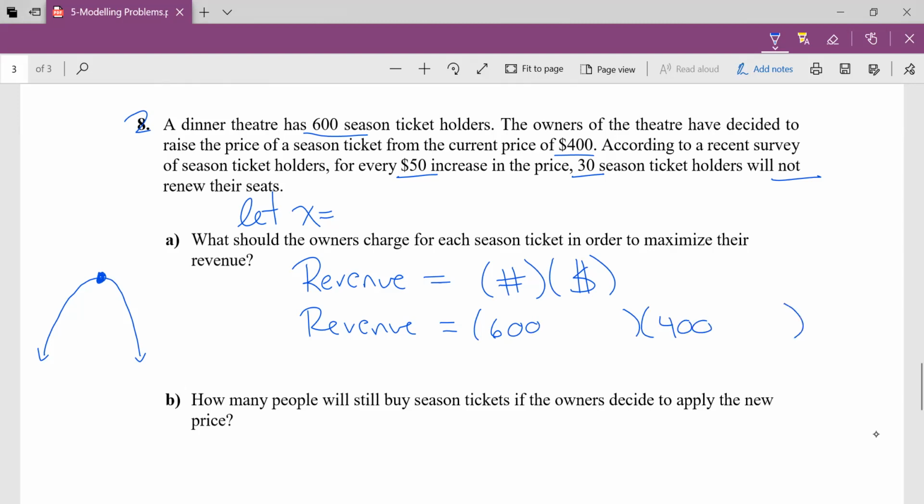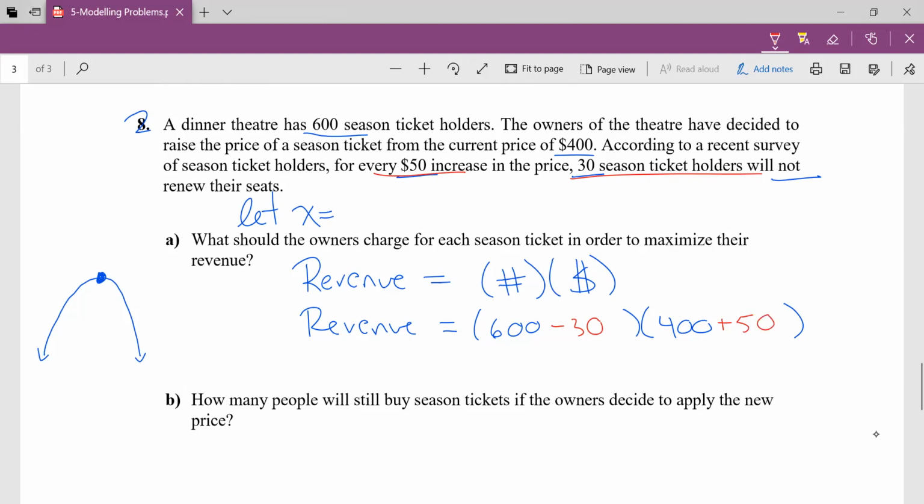That was the original revenue. So that would be $240,000 or something. So now they're increasing the price. So I say to myself, let's go back to numbers. Well, every time they increase the price, 30 people will not renew, minus 30. And they're increasing the price by 50, plus 50.